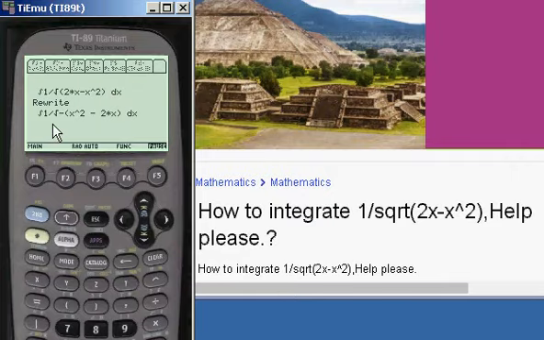We're going to rewrite it, bring in the x squared minus 2x in the proper form, because we're going to complete the square, something you're probably an expert on, but not me. So I wanted to show you how to do that.